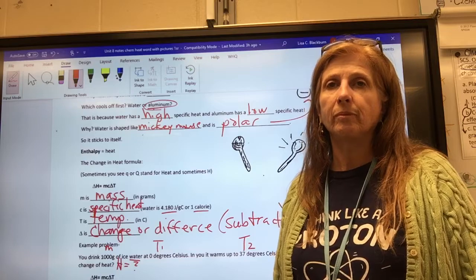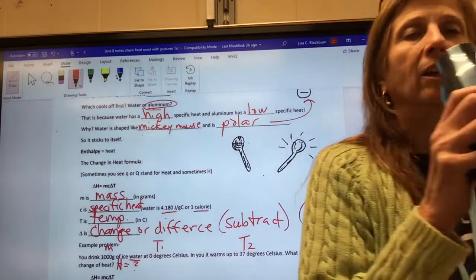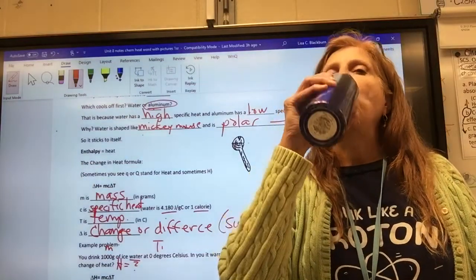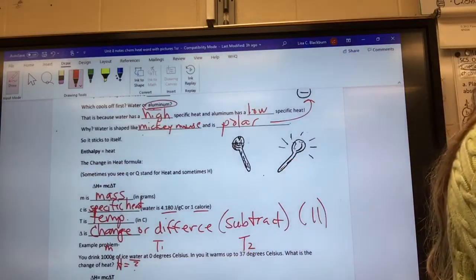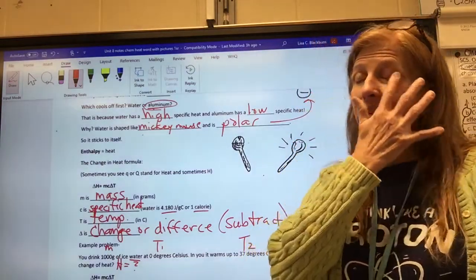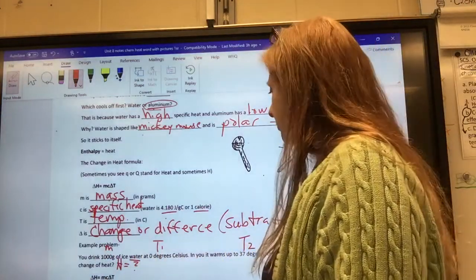Wait, what does the M stand for again? Mass, the 1,000 grams. And the C? Specific heat, the 4.18. Oh, yeah, because it's water. That makes sense. And a lot of them will be water, because whenever you're doing food and stuff, it's usually water you use.